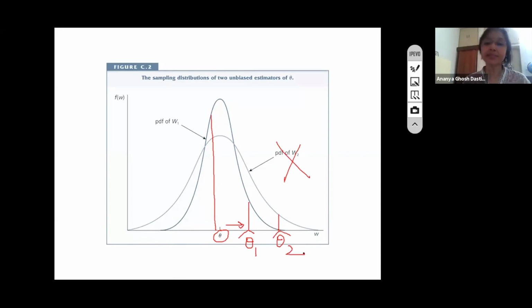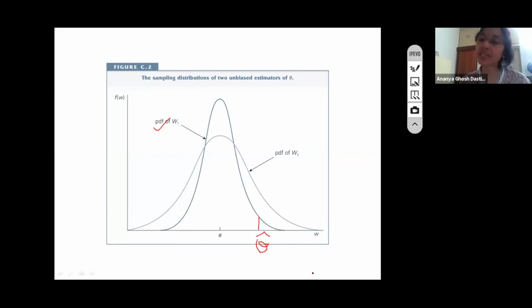Now, suppose I'm using W1 to estimate theta. What is the probability that I am going to get an estimate theta hat 1? What kind of an estimate is it? Not a very nice estimate. Why? Because see how far it is from theta. It's quite an overestimate.